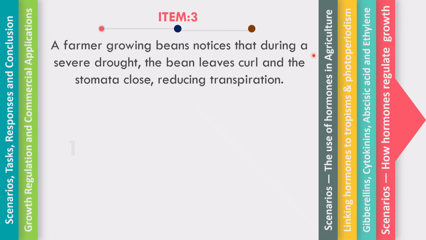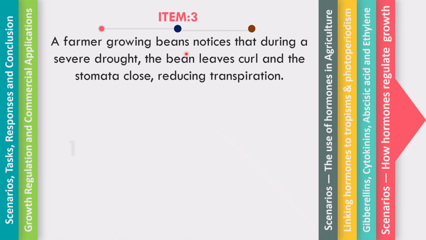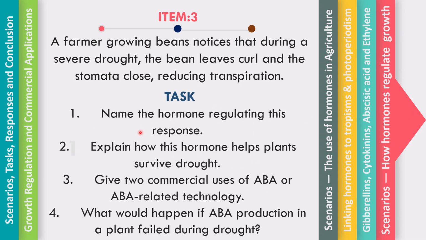Item 3. A farmer growing beans notes that during a severe drought, the bean leaves curl and the stomata close, reducing transpiration. Name the hormone regulating this response.